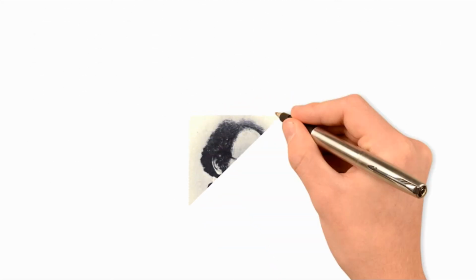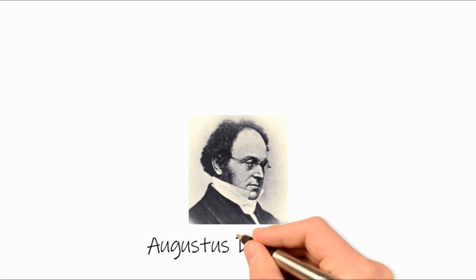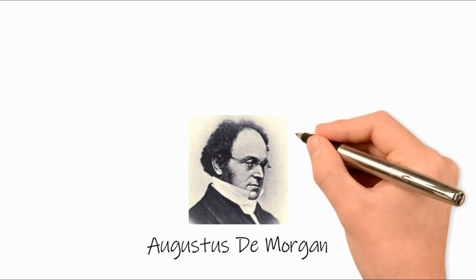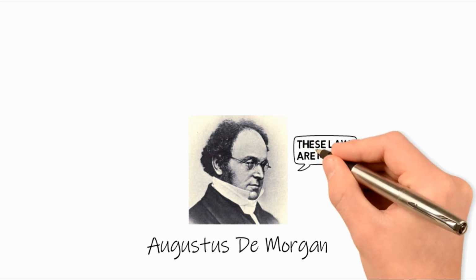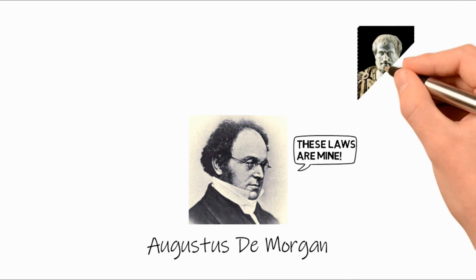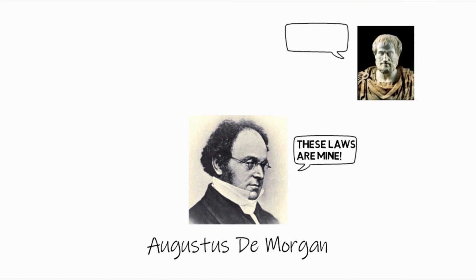We call them that because of this guy right here, Augustus De Morgan. And though we attribute these equivalencies to him, though we've named them after him, he didn't invent them. I suppose you could say he discovered them, and we do attribute them to him. But bear in mind also that this guy up here, Aristotle, he was aware of these equivalencies 2,000 years ago.